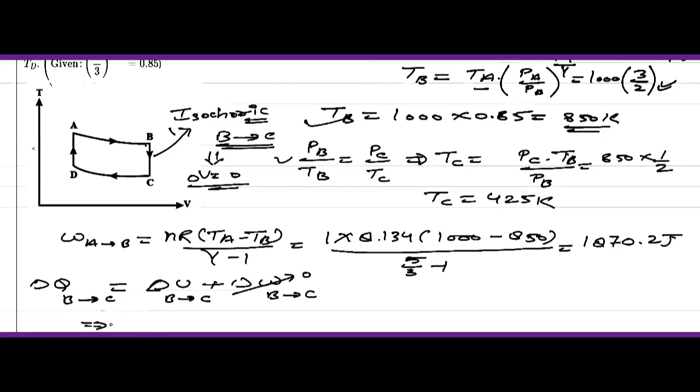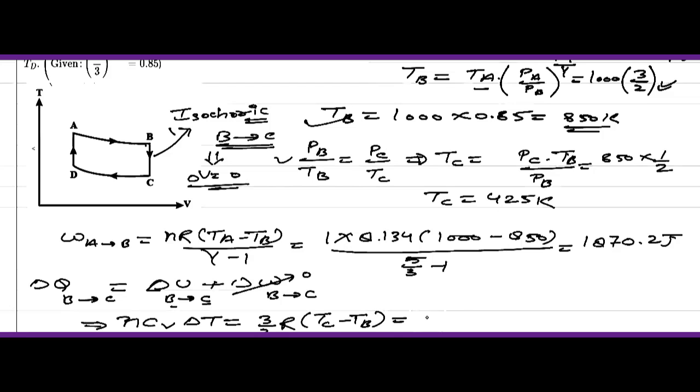And what about delta U? We can write this as n Cv delta T. That is equal to 3 by 2 R. And what about the temperature difference? TC minus TB, because the process is from B to C, so the temperature change will be TC minus TB.